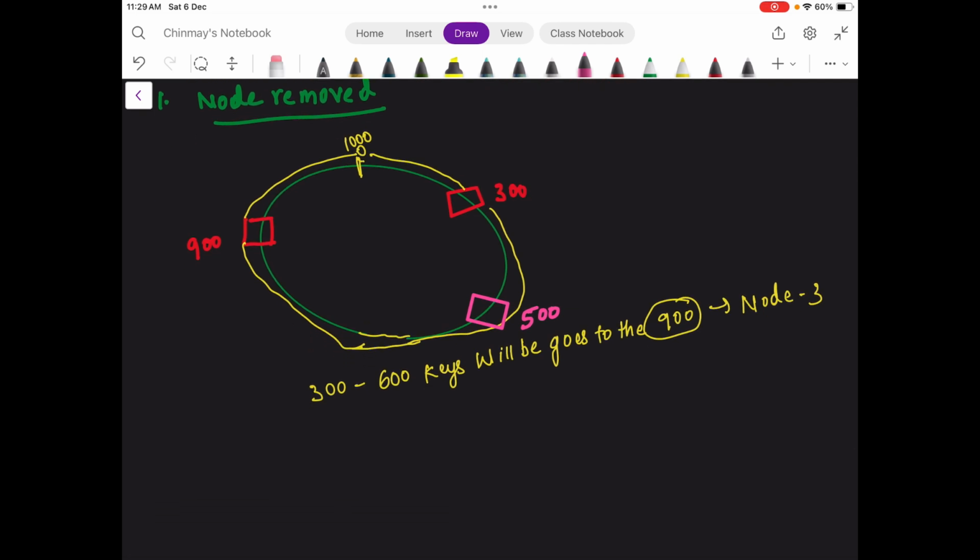The keys present in the 900 node, that is node 3, will be redistributed, because redistribution again goes through the hash function.